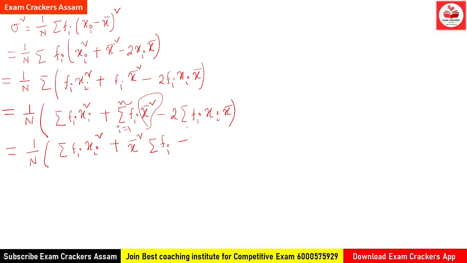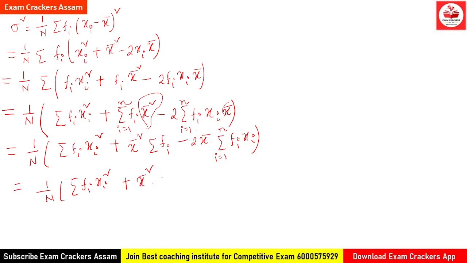Similarly, this is also a constant with respect to this summation, so we take it outside: 2x bar into summation i goes from 1 to n fi into xi. So 1 over n summation fi xi square plus x bar square.